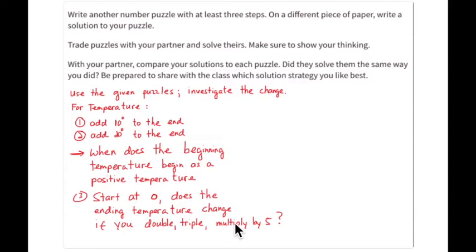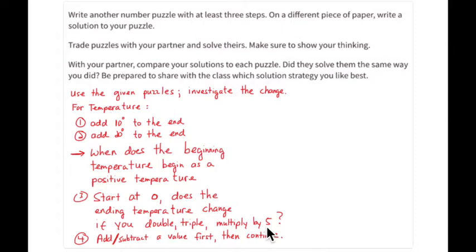The first step, if you remember, is to double the beginning temperature. Well, if it's 0, does it make any difference whether you double, triple, multiply by 5, multiply by 1,000? It does not, because all of those multiples of 0 are 0.